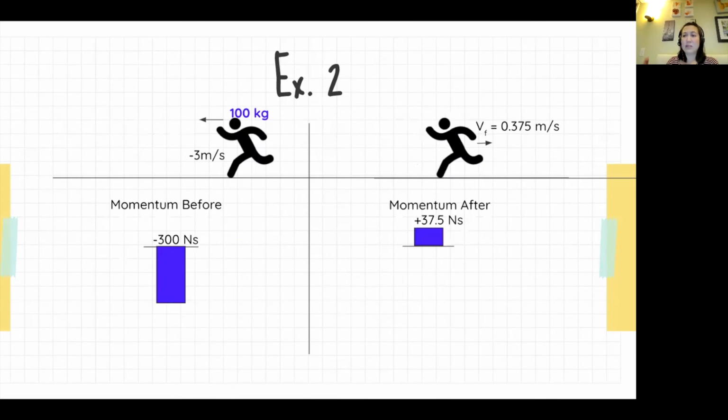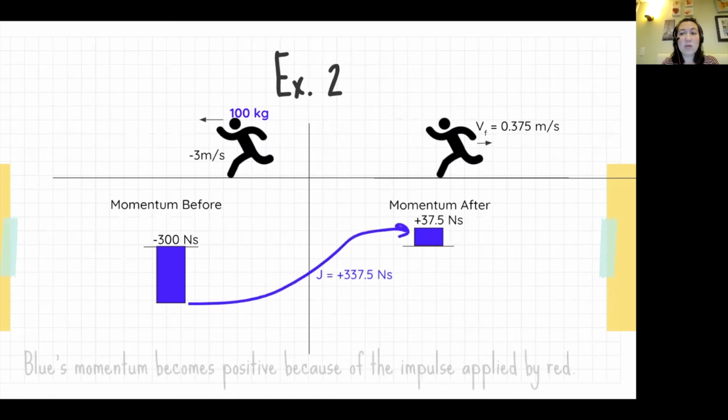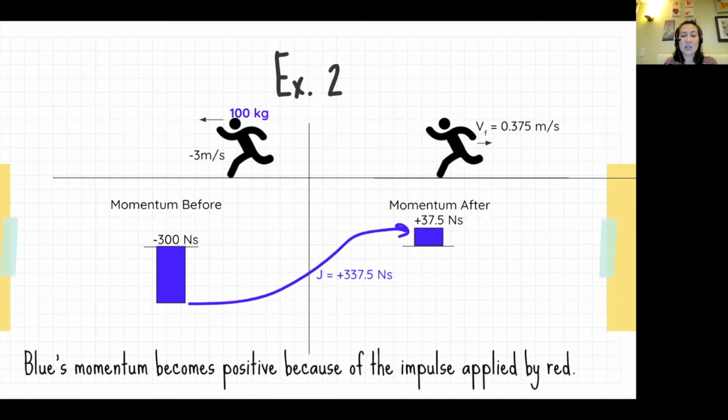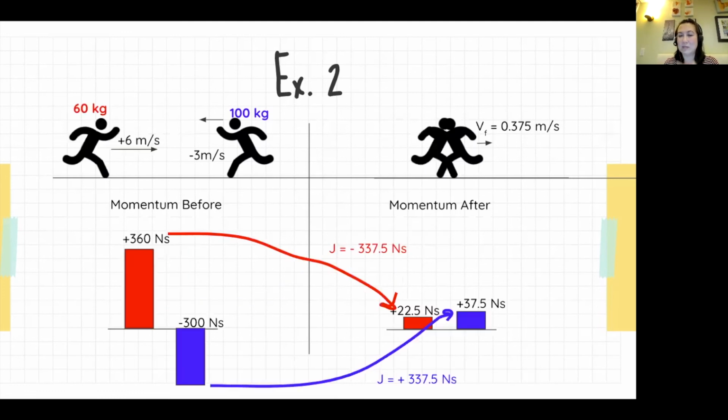Similarly, blue gained momentum. Where did blue get its momentum from? It gained it from red. The normal force of red during the collision caused blue's momentum to become positive. The normal force created an impulse which changed the momentum.